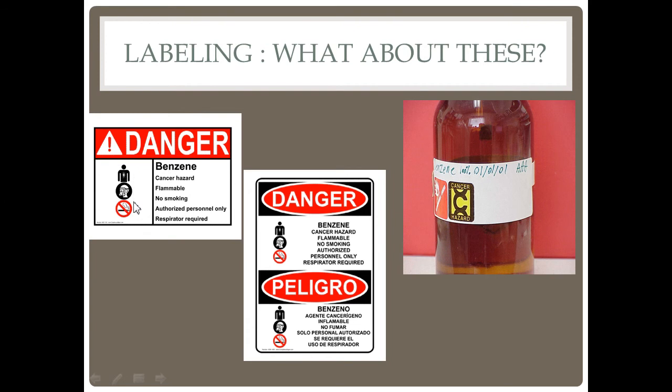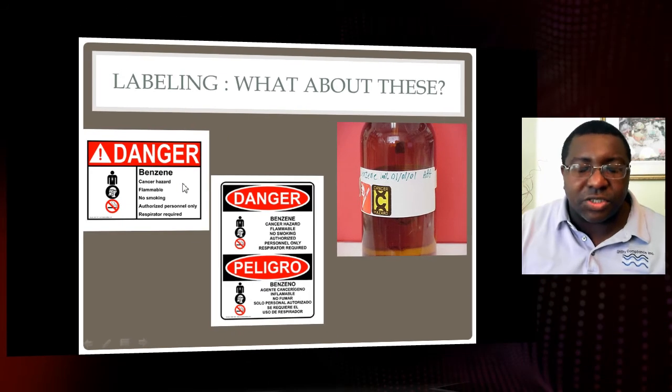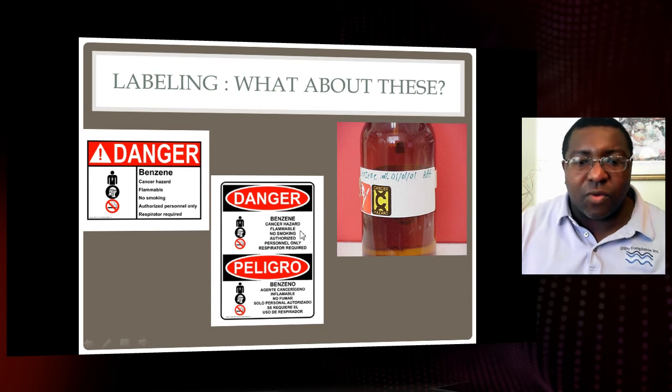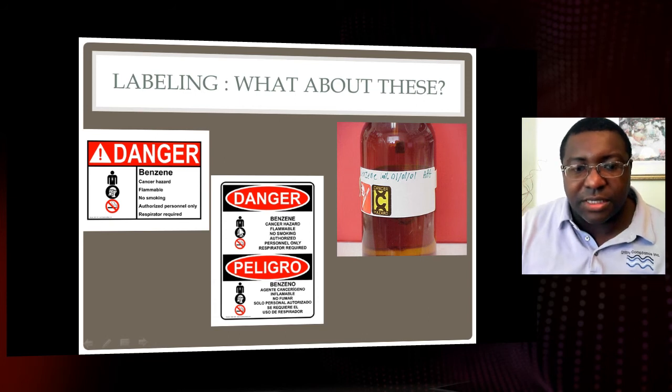This one does give you some pictograms. It tells you that it's a health hazard, but then it doesn't give you any of the other labeling information about warning. This says danger in here, so that's your signal word, but it doesn't give you all your information, so you're missing some.